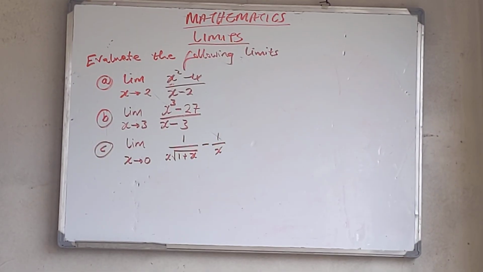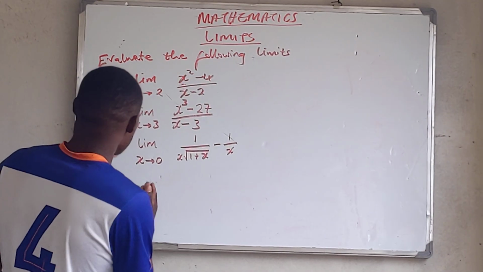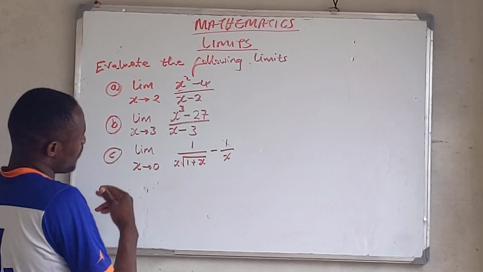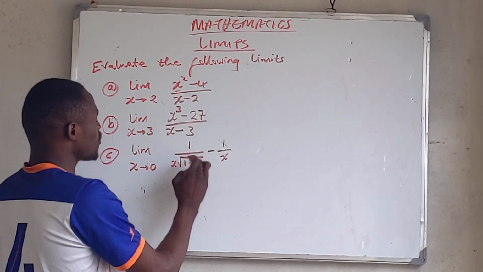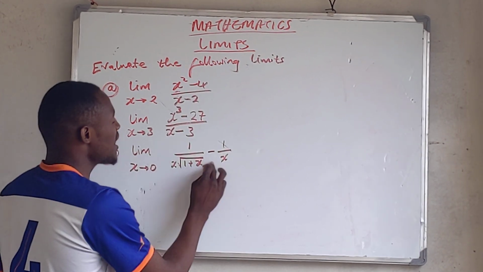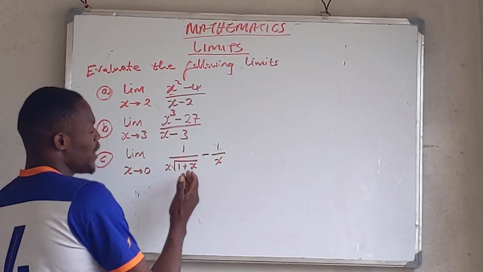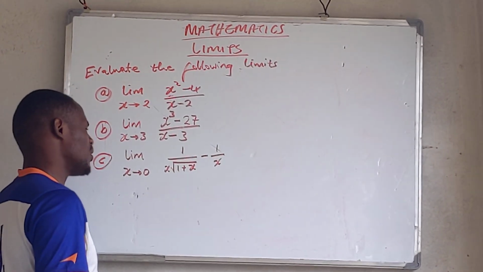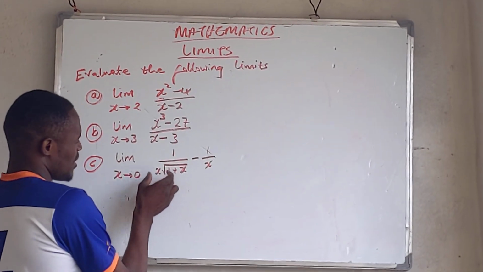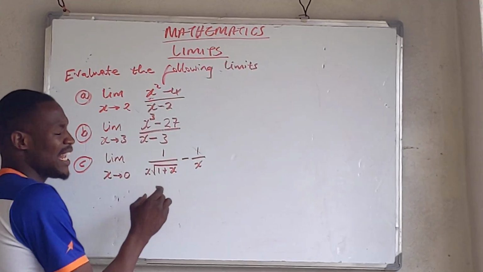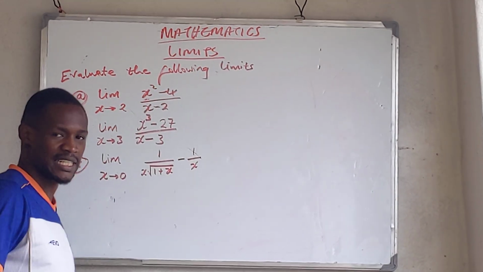Last problem. We have the limit as x approaches 0 of 1 over x times the square root of 1 plus x, minus 1 over x. We have this problem. Now, we know that if we go direct and insert the value of x, automatically we'll have zeros in the denominator.